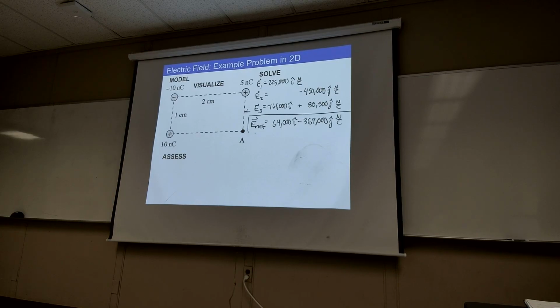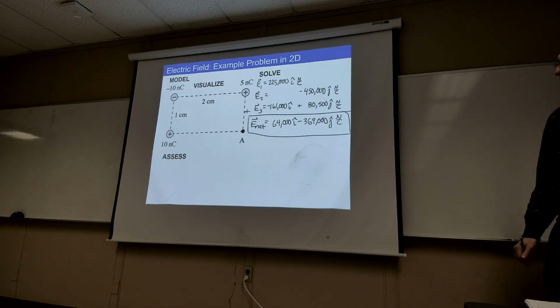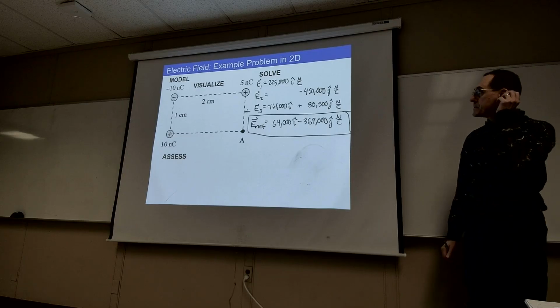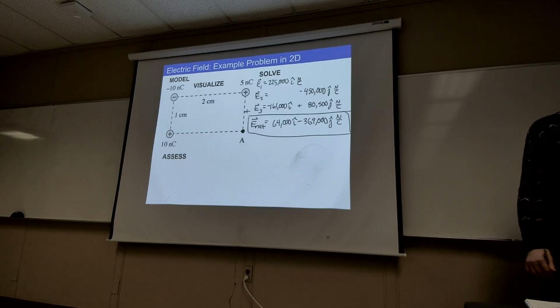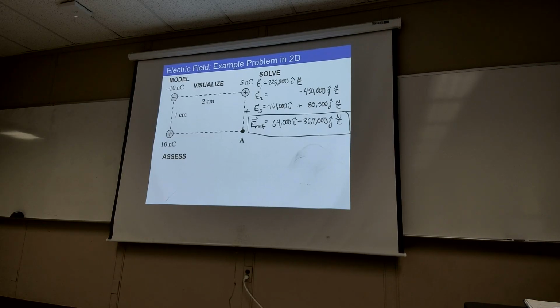That's in Newtons per coulomb. So that would indicate that my field then is pointing to the right and down. So something like this. That's my E net. Does that seem reasonable?